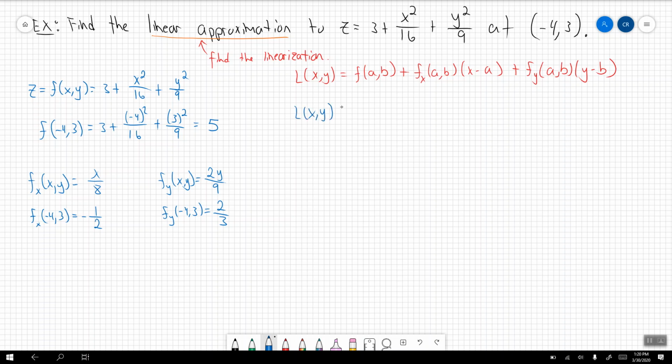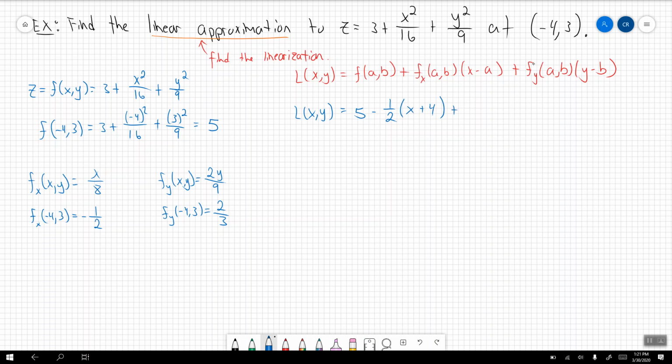Linearization, in other words, this linear approximation. The function evaluated at (a, b) was 5. The partial derivative of f with respect to x evaluated at (a, b) was -1/2. So let's go with -1/2 multiplied by x minus a, which is -4, so that's x plus 4.